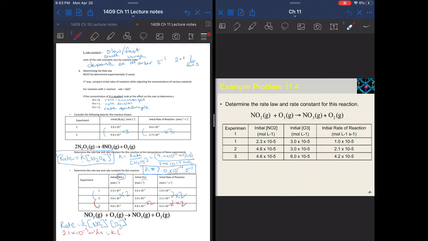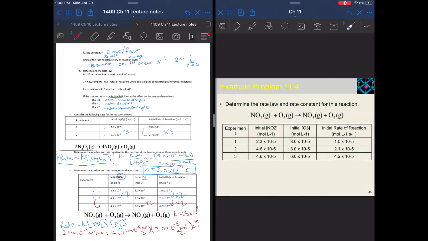And that equals K times 4.6 times 10 to the negative 5th moles per liter times 3.0 times 10 to the negative 5th moles per liter. What that gives us, if I rearrange and solve, is that K equals 1.5 times 10 to the 4th.